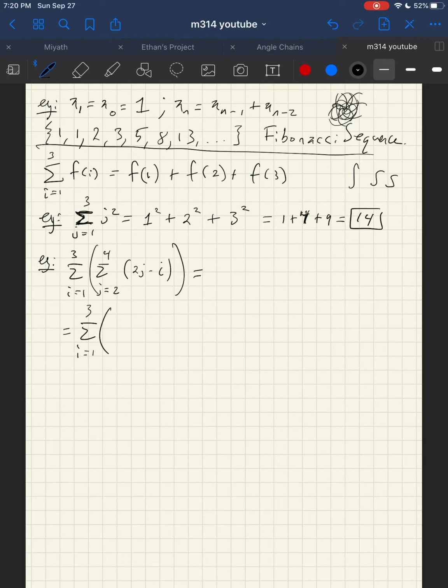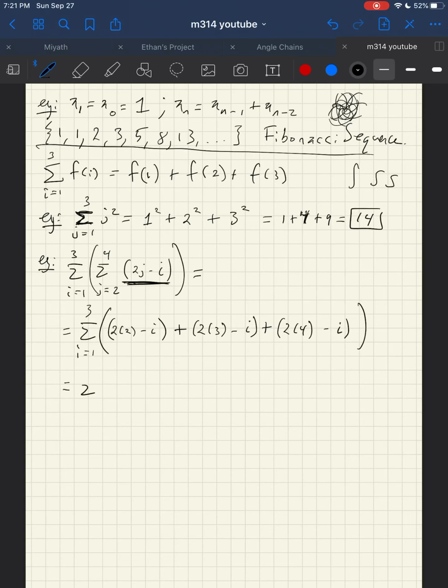Well, I first evaluate this thing when j equals 2. So I've got 2 times 2 minus i. Then I add to this thing when j equals 3, so 2 times 3 minus i, plus then I evaluate this thing again when j equals 4, 2 times 4 minus i.